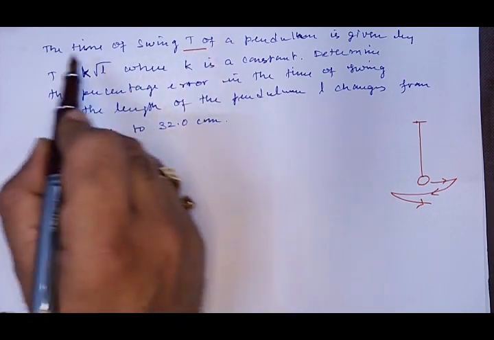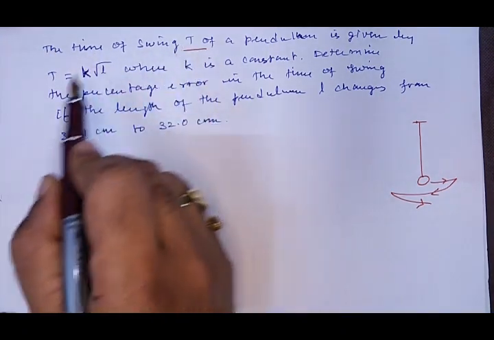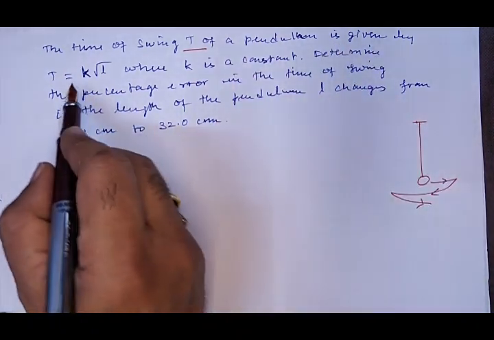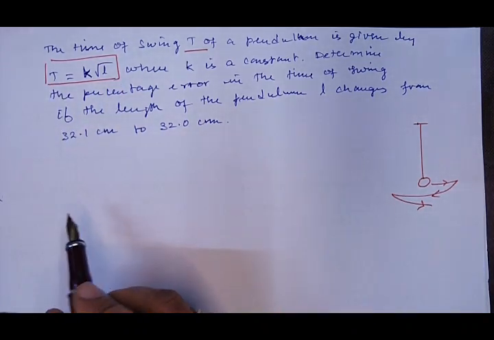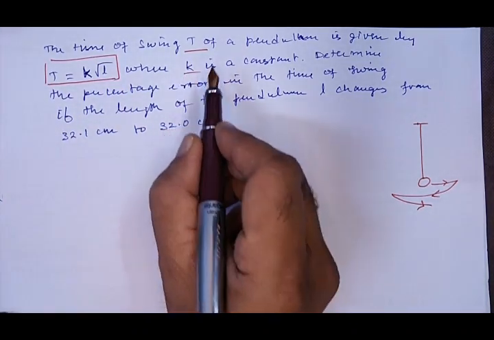Swing t, that is time of swing, of a pendulum is given by t is equal to k into square root of L, where k is a constant.